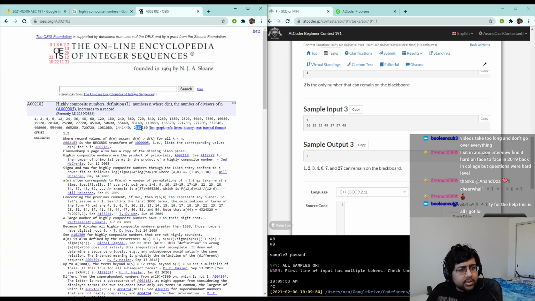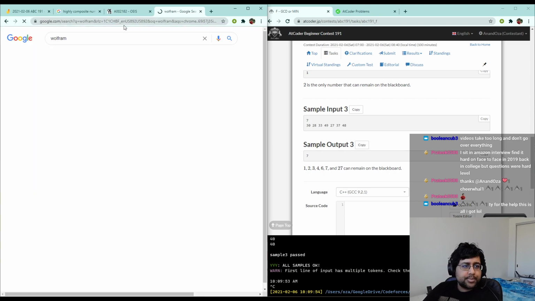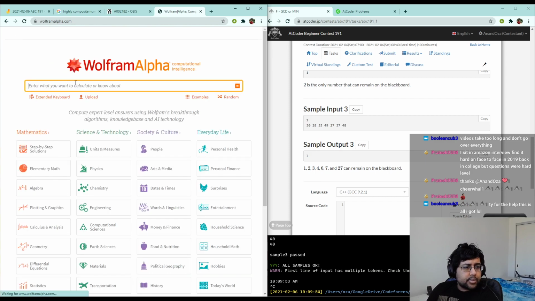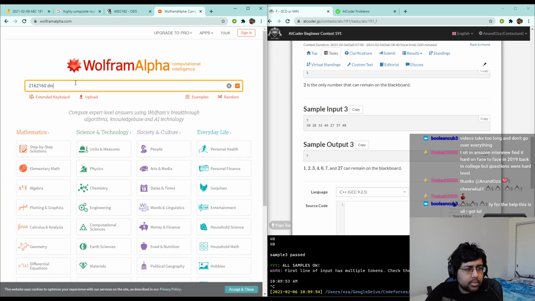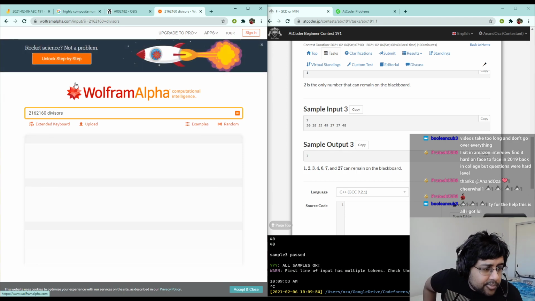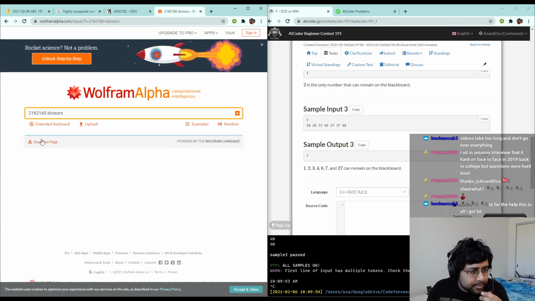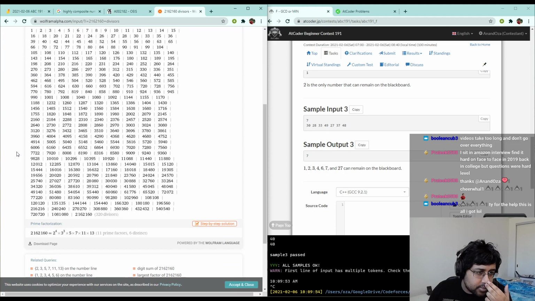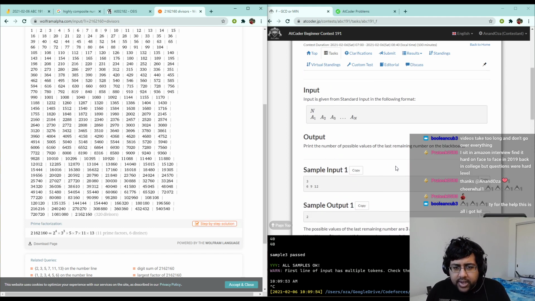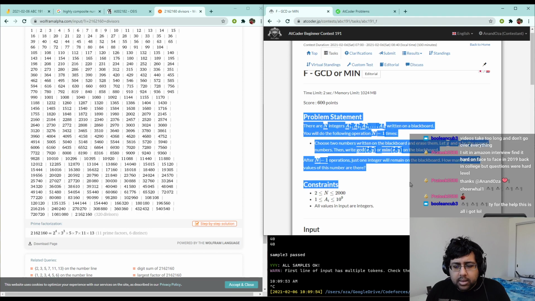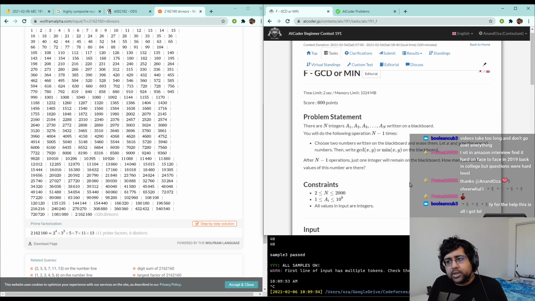This one is pretty big, and let's see how many factors it has. This is 300 divisors. So we could have a bunch of numbers that each have like 300 divisors, and maybe the divisors will be different.